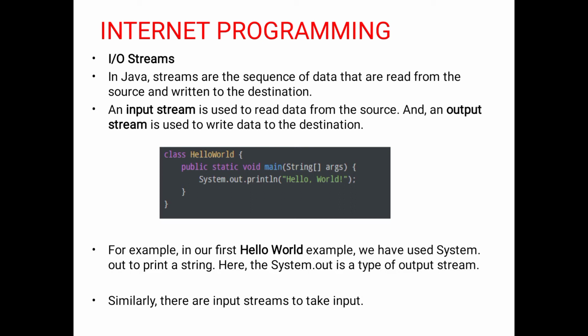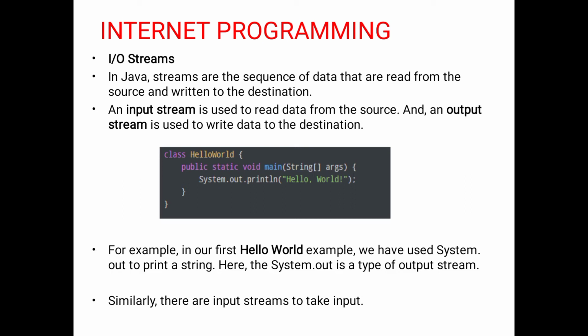So the input stream is used to read data from the source, from resources like the keyboard or mouse, and the output stream is used to write the data to the destination.